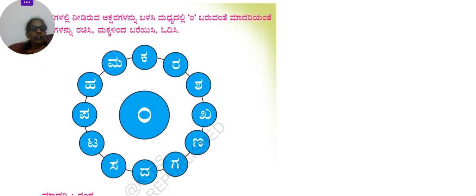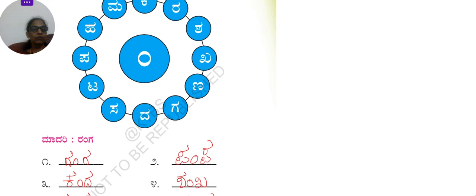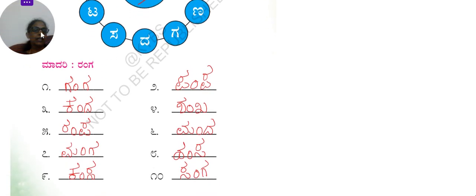Now page 81. There are some alphabets given, and there is a circle in the center. You have to make use of that and form words. You can form 10 words, like the given example, Ranga. So, Ganga, River Ganga. Pampa, Pampa is a poet.